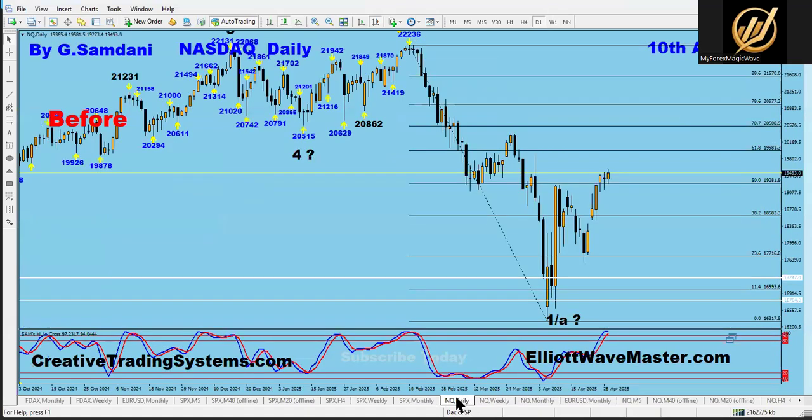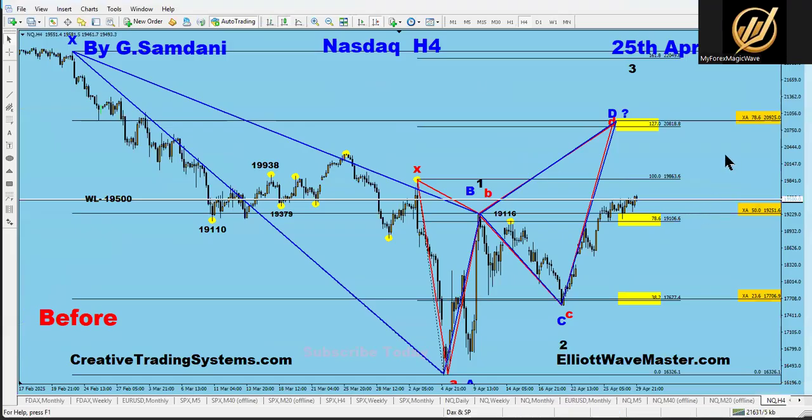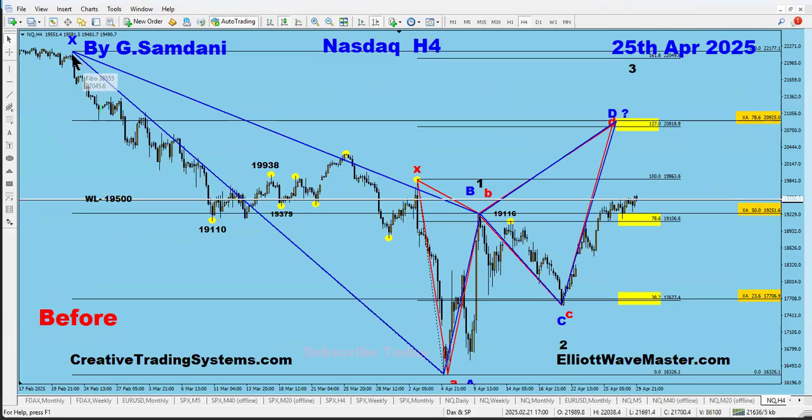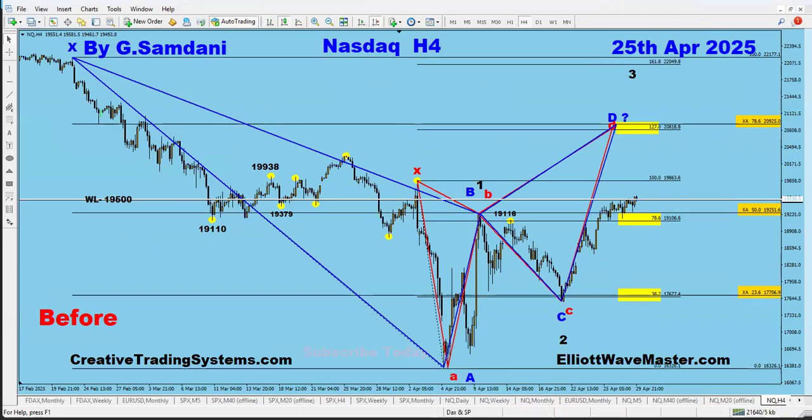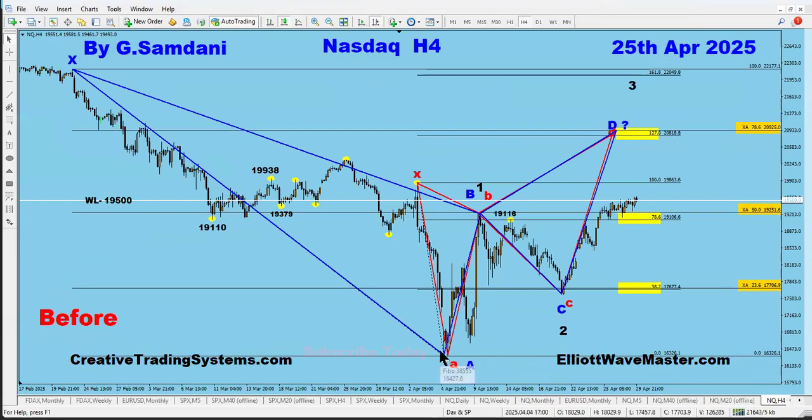Nasdaq, the 4-hour chart I made a couple of days ago, and then I sent it out. For example, pull the fib from X to A, right? So what happened? You can see that it retraced back here, and it is exactly at 50%, right?